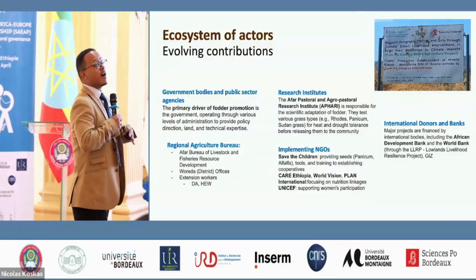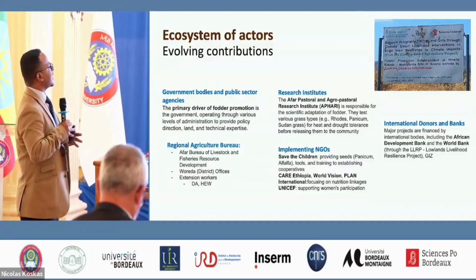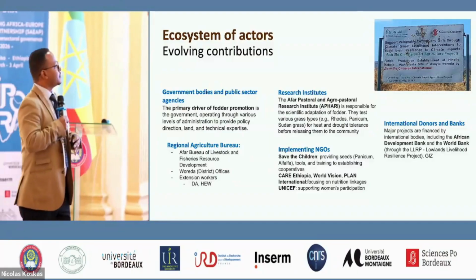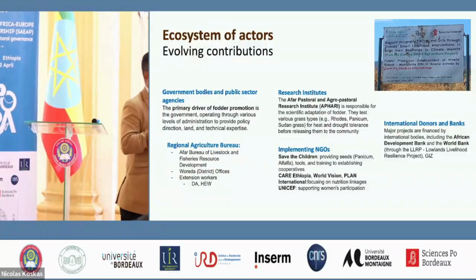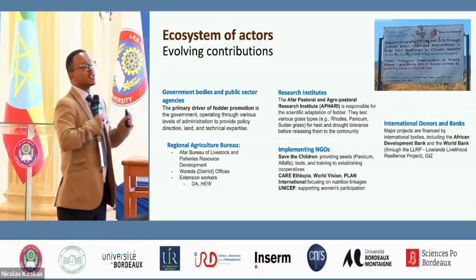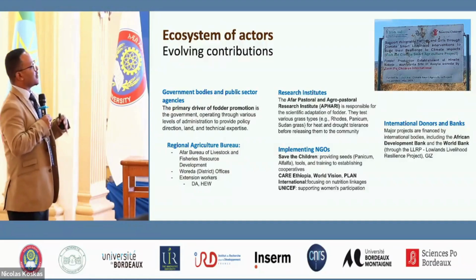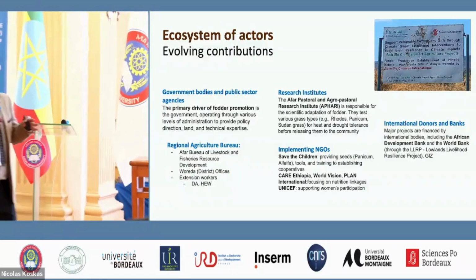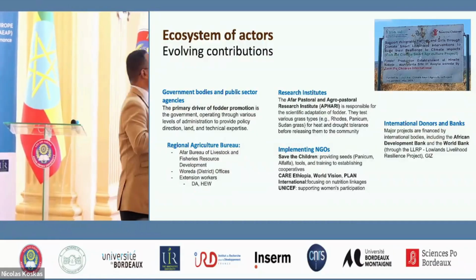You have an array of implementing NGOs working in this area, like Save the Children, providing seeds, tools, and training to establish cooperatives. Care Ethiopia, World Vision, and Plan International focus on nutrition linkages, and then UNICEF supports women's participation. This is at the time of our qualitative assessment.